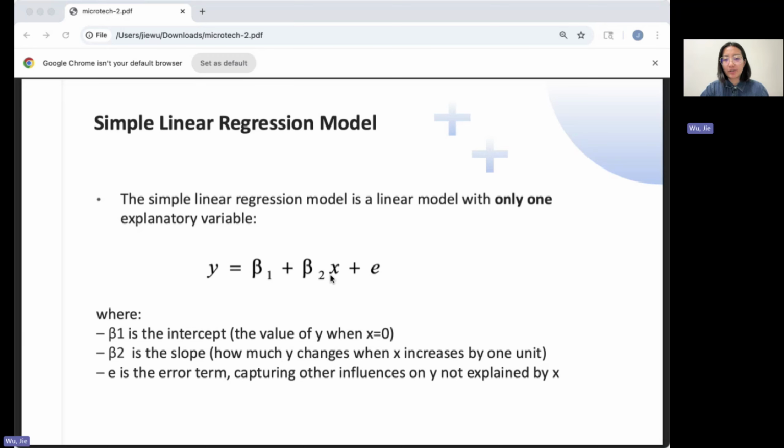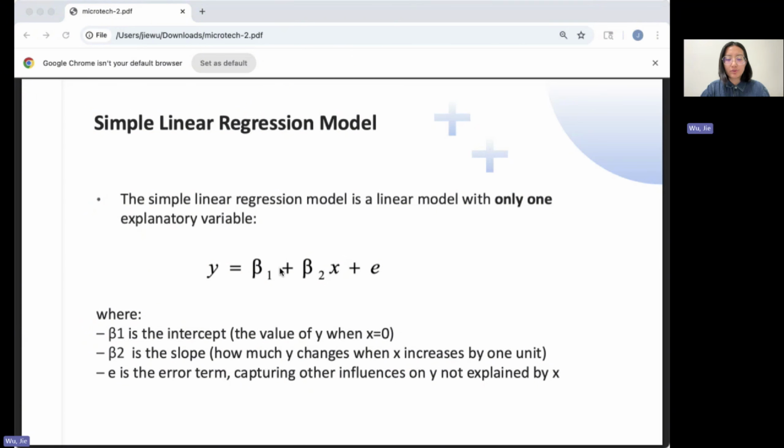We can find that there are two main assumptions here. The first is that there is only one explanatory variable, the income, that can systematically affect the food spending. The second main assumption is that the relationship is linear.